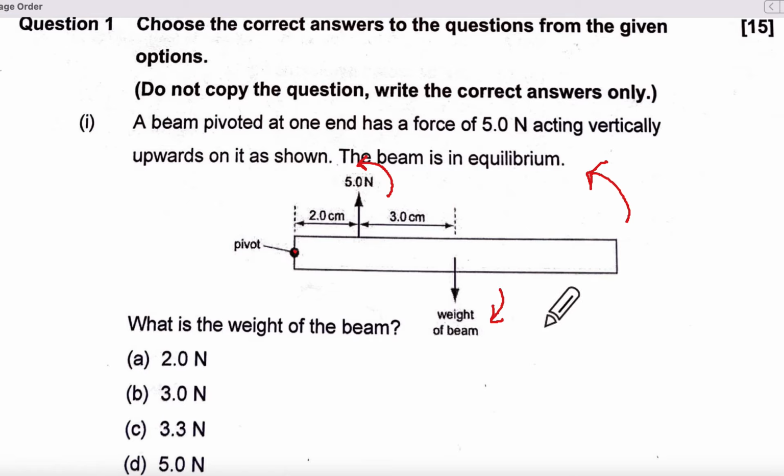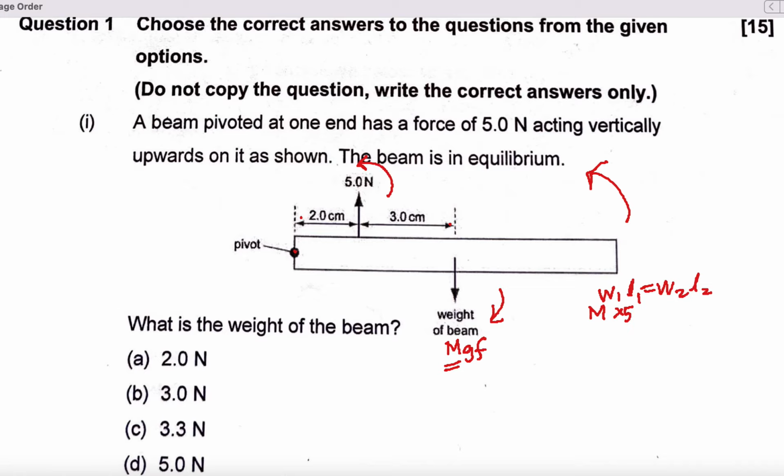Correct? So the weight of the beam, let us say that is mg. So m into this. Remember your W1 L1 equal to W2 L2. So m into how much is this distance? This is not 50, it's 2.0 and 2.3. There is a decimal point there.